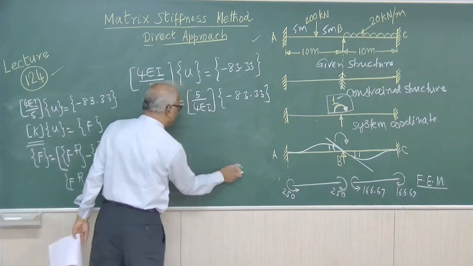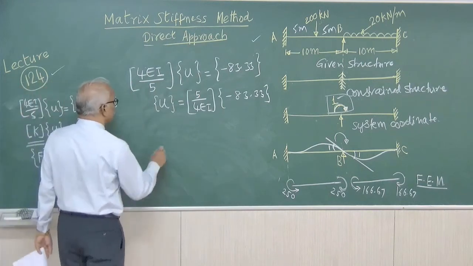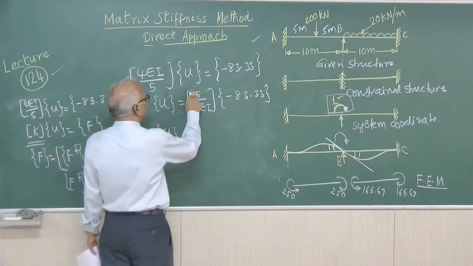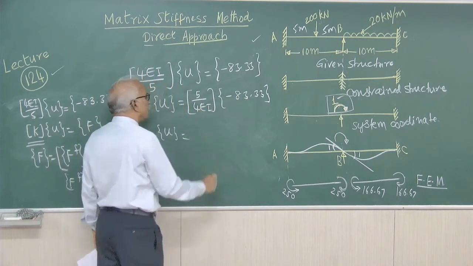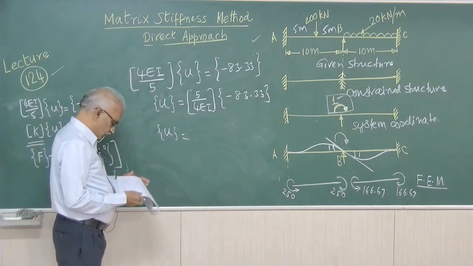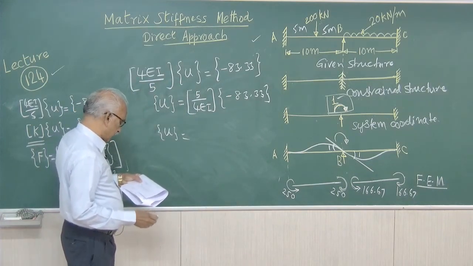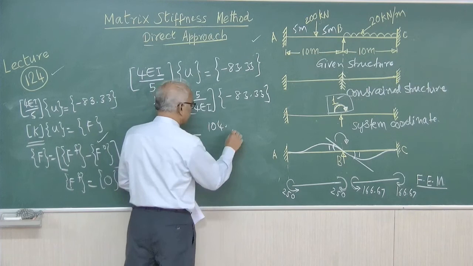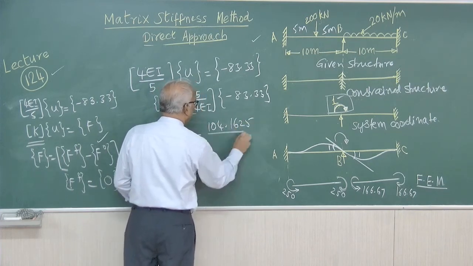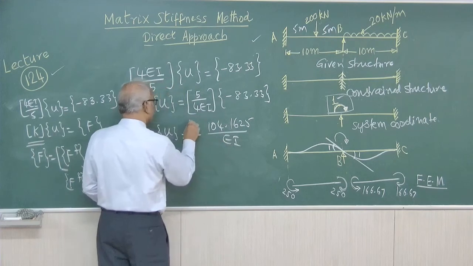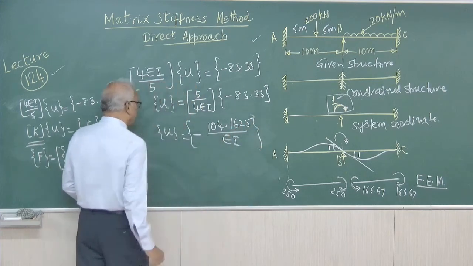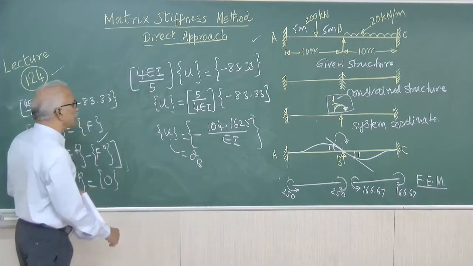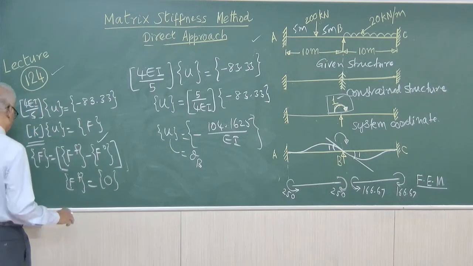That will give the value of the displacement. U equals 5 into 83.33 by 4EI, that is equal to minus 104.1625 by EI. So this is the value of U. Actually, this is the value of theta B, the unknown.